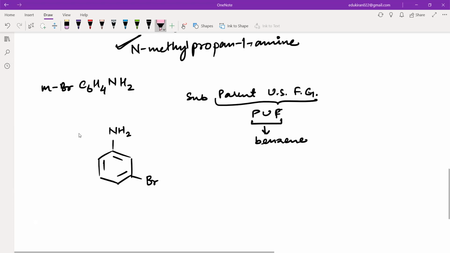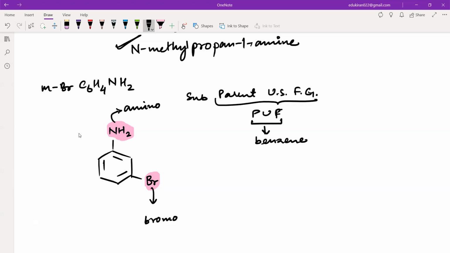So I have two substituents here, NH2 and Br. The name for NH2 as a substituent is amino, and for Br it is bromo. So I've got the substituents. Now I have to number them, because I also have to tell in the name where they are placed relative to each other. If I see amino and bromo, A is alphabetically before.